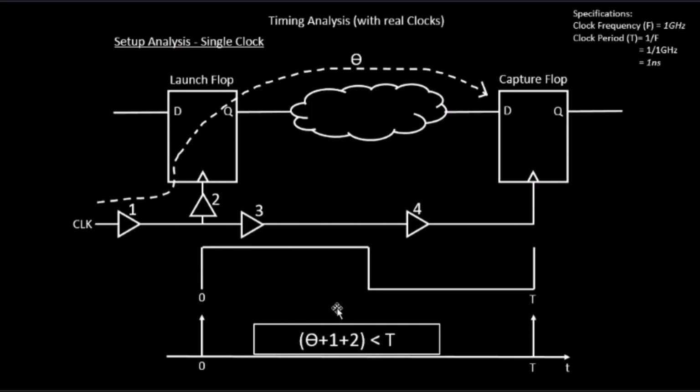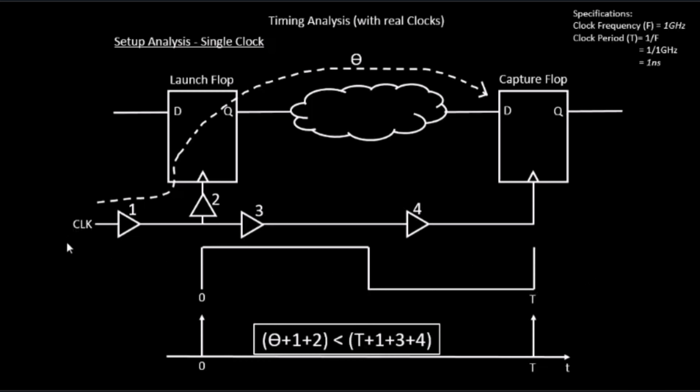So 1 plus 2 is the launch flop clock network delay. Similarly, the clock edge which was supposed to arrive at the capture flop clock endpoint at T nanoseconds will not arrive at T, but at T plus 1 plus 3 plus 4 buffer delays.